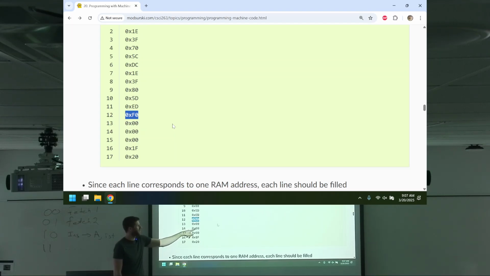Or actually, what did I store? I stored something into here. I stored 63, which was 1F, which is interestingly, load the contents of, what is 63 in hex? 3F, right?